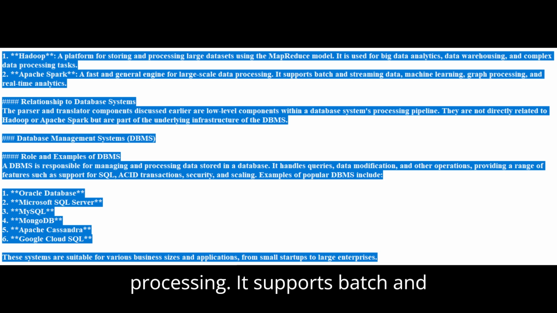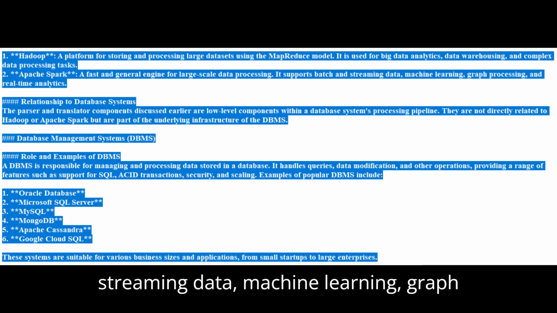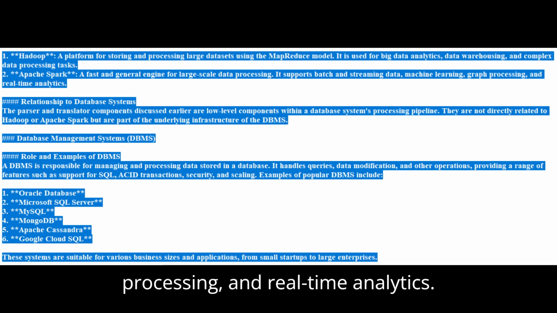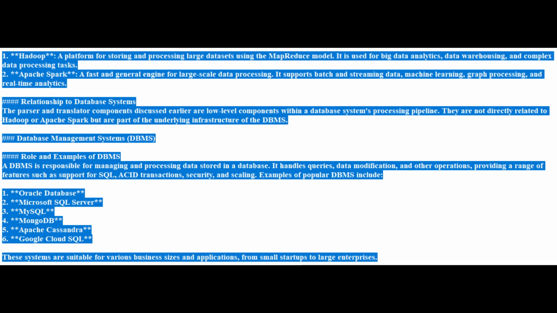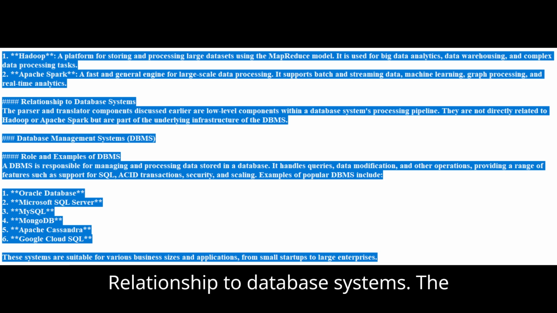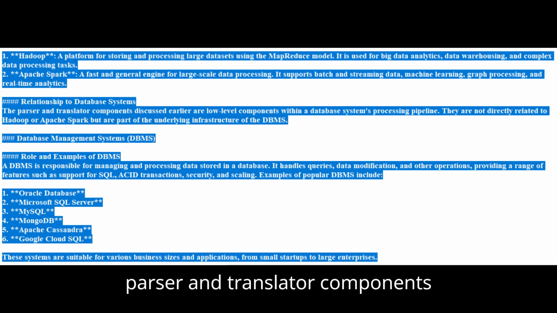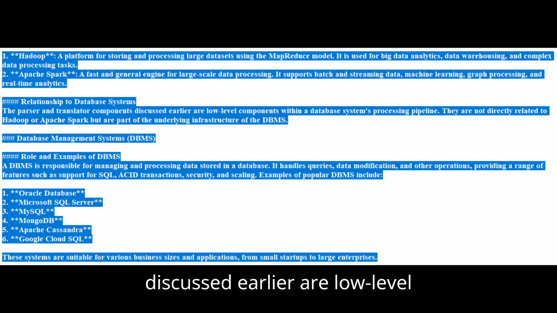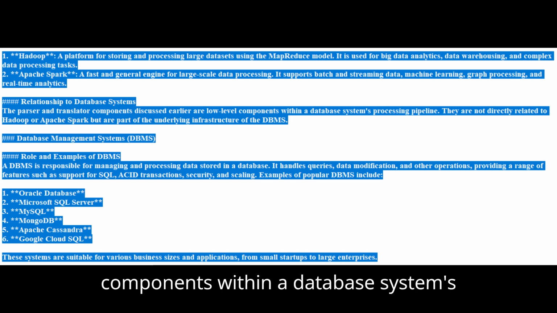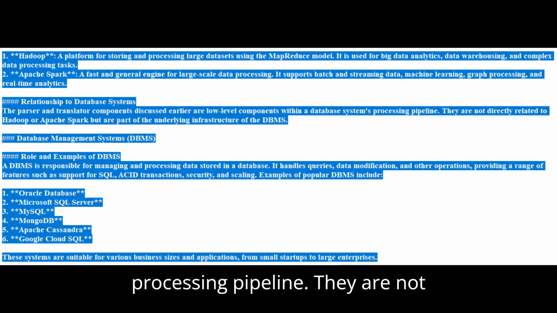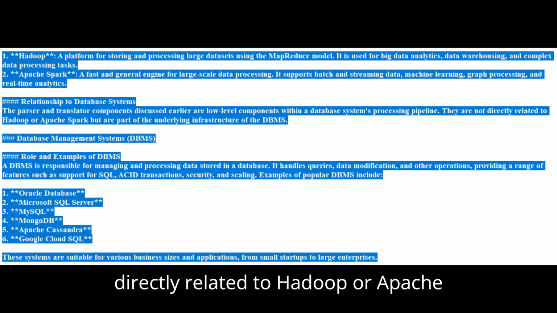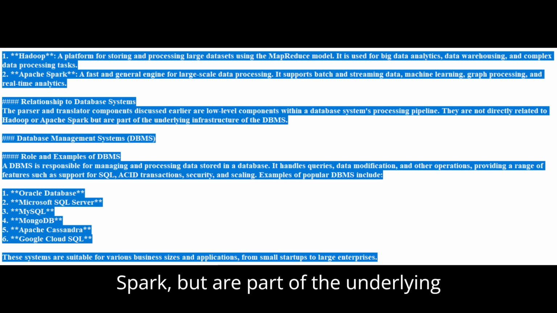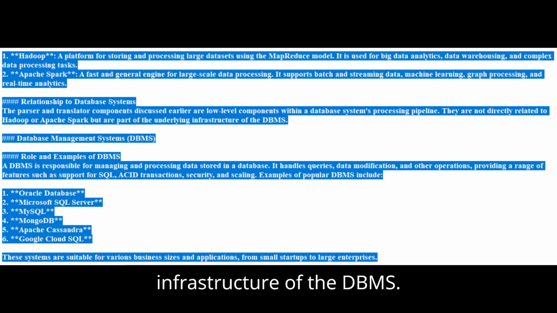It supports batch and streaming data, machine learning, graph processing, and real-time analytics. Relationship to database systems. The parser and translator components discussed earlier are low-level components within a database system's processing pipeline. They are not directly related to Hadoop or Apache Spark, but are part of the underlying infrastructure of the DBMS.